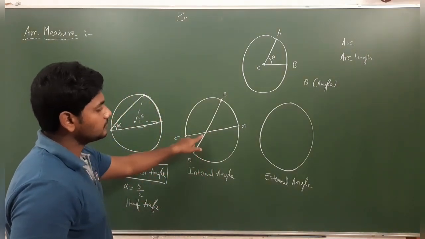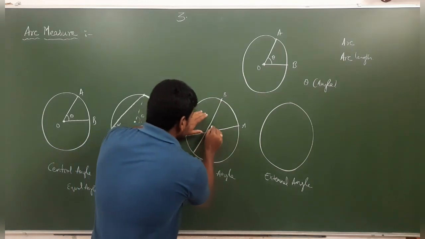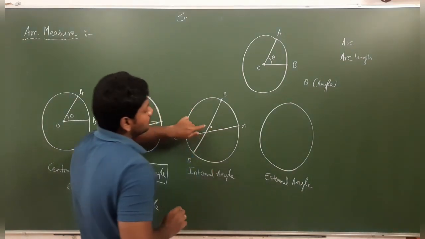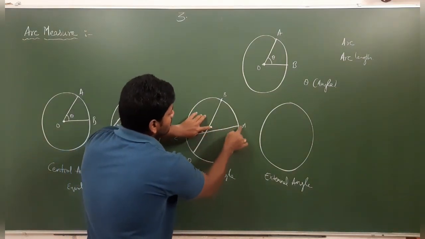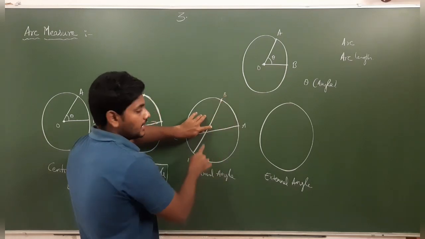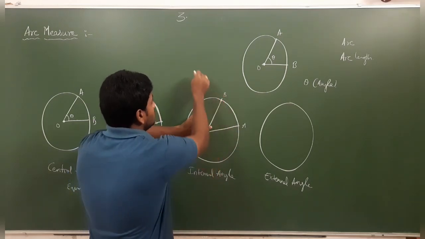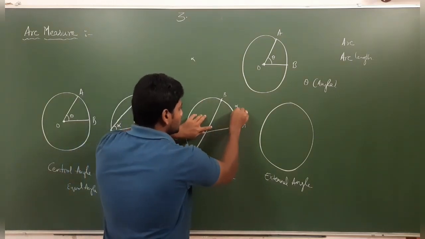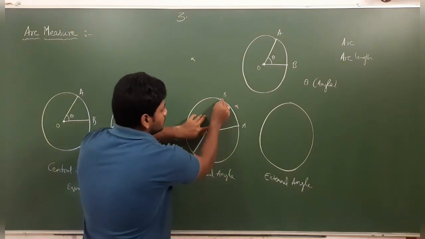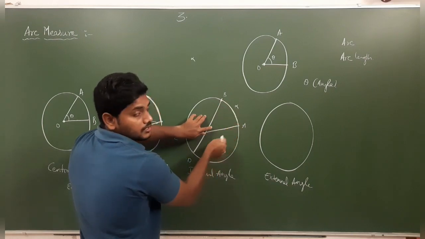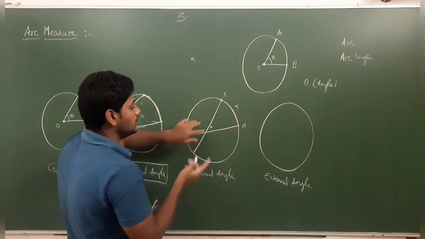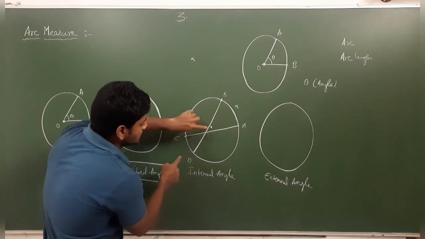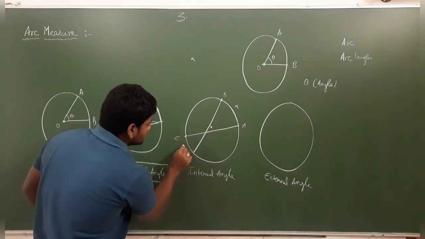This is not the center of the circle, but from the center of the circle, the angle between OA and OB is, for example, alpha. Nothing but this arc measure from the center of the circle. Next, with respect to the center of the circle, this arc measure I will consider as beta.